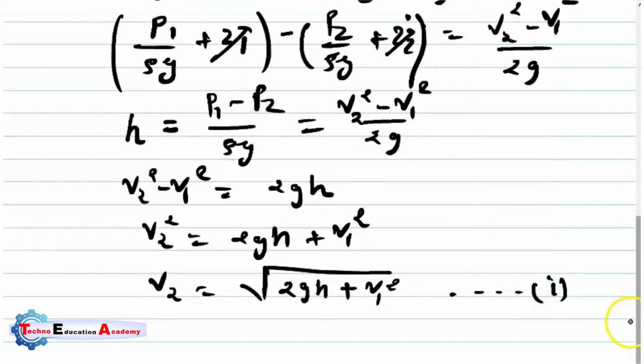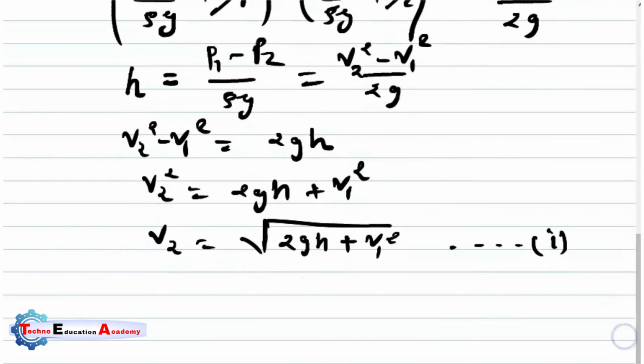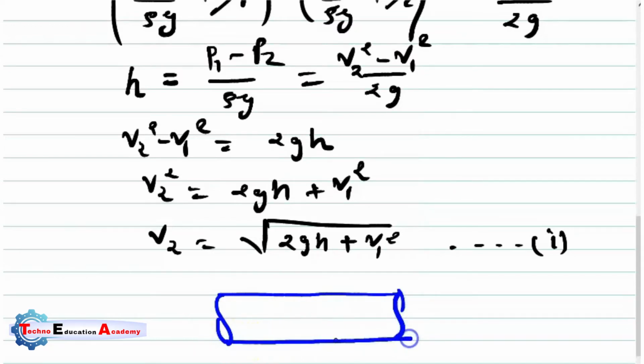Now the main fundamental in this case is like that. Here I draw the vena contracta a second time because it is important for you. What do you mean by vena contracta? It is a pipe, and in this pipe there is an orifice plate.